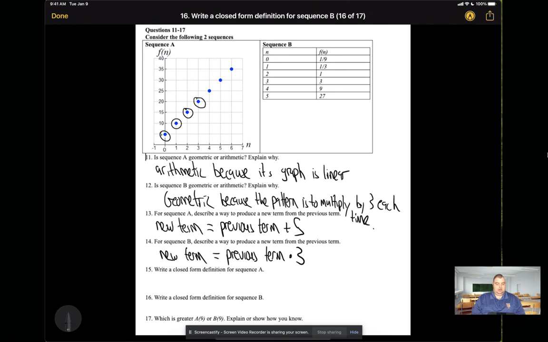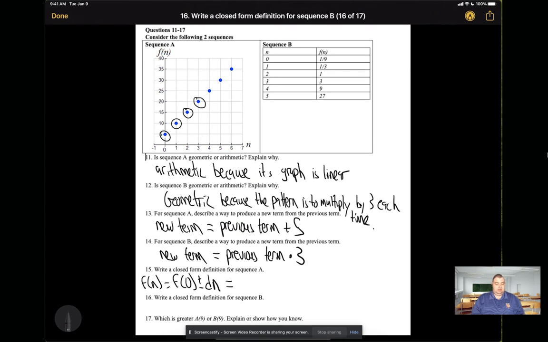Number 15, write a closed form definition for sequence A. So sequence A, remember, was an arithmetic sequence. So the formula for the closed form is f of n equals f of 0 plus or minus d times n.